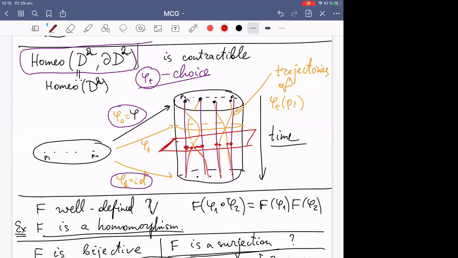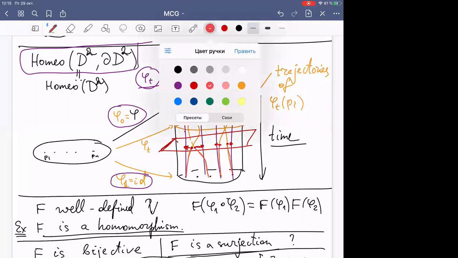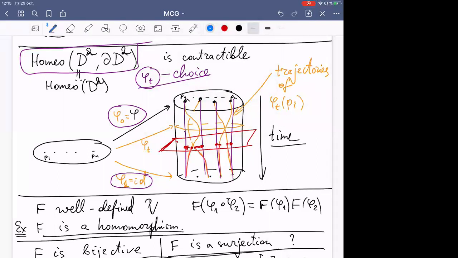Not just any way, but our braid prescribes how to go from our points to these base points.